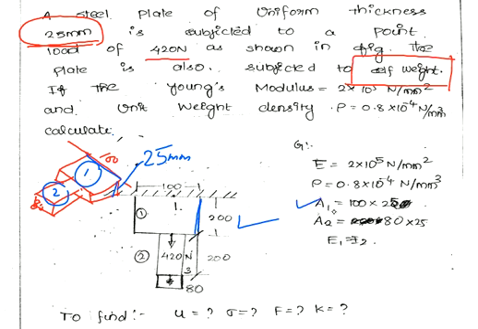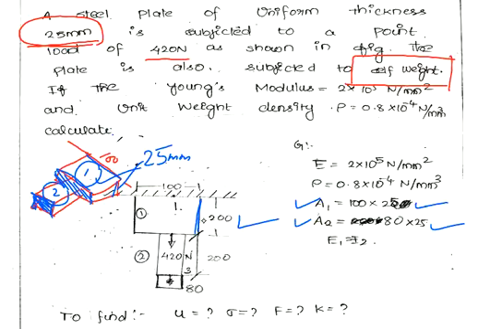So the area for element 1 is 100 into 25, and for element 2, as I said, it is 80 into 25. This is the cross sectional area we are calculating, so we get A1 and A2: 100 into 25 and 80 into 25.